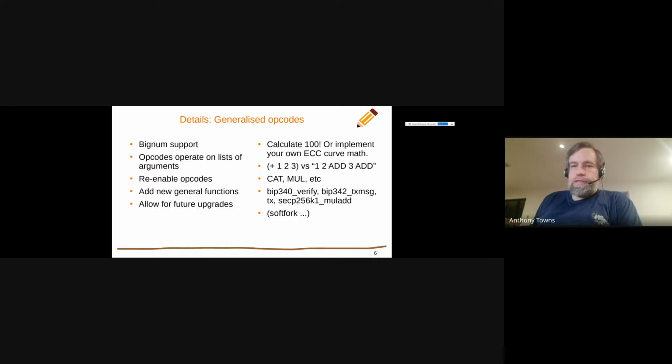It re-enables a bunch of opcodes essentially. So it's got cat, it's got multiply. It also adds a bunch of new general functions. So it has BIP340 verify, so check sig from stack essentially. It has the direct TX message calculation from BIP342 that is what is signed in a tapscript check sig operation.